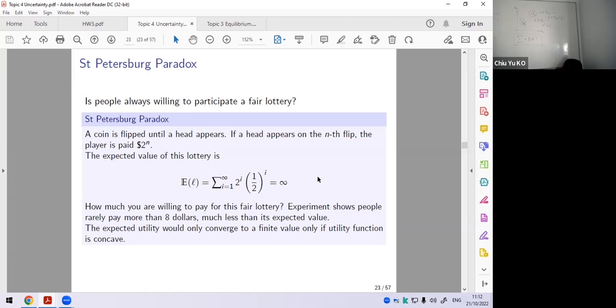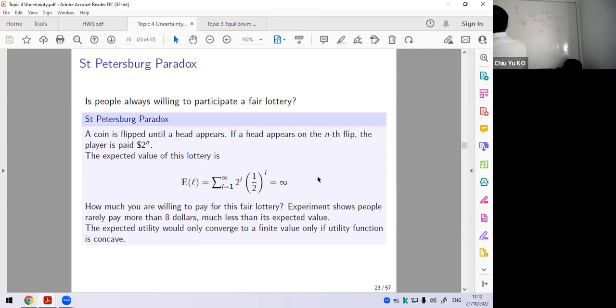Probably some of you may still remember, what's the expected value of this lottery? It is infinity. Why?